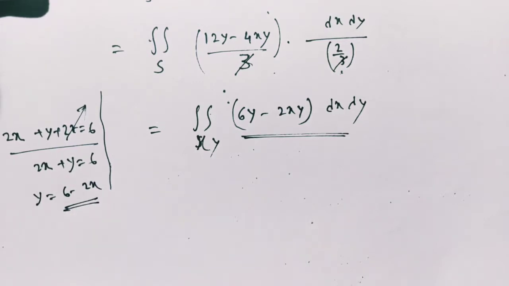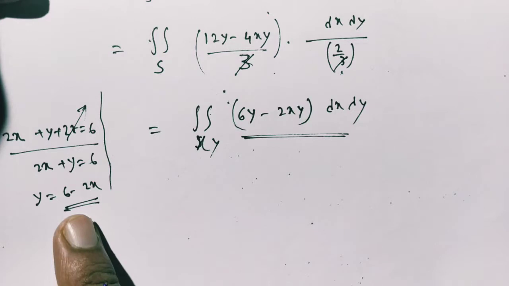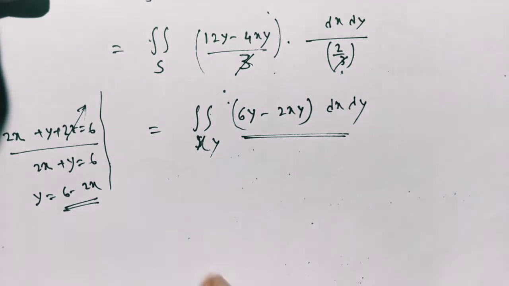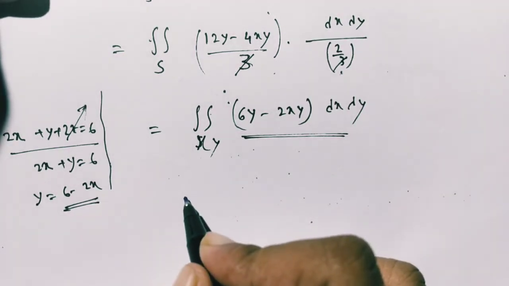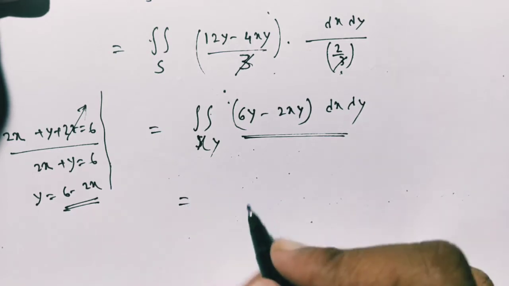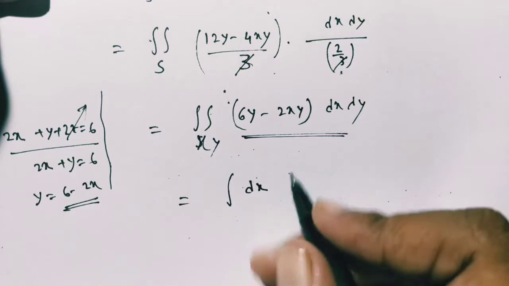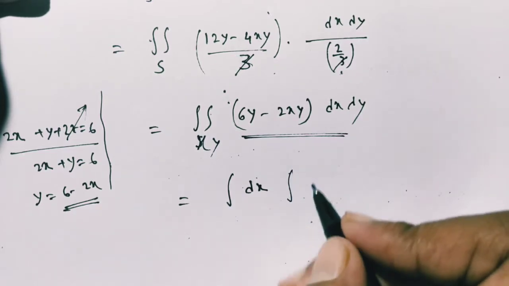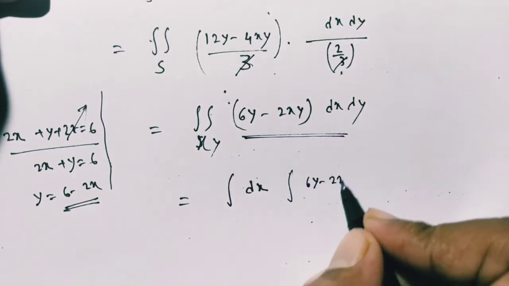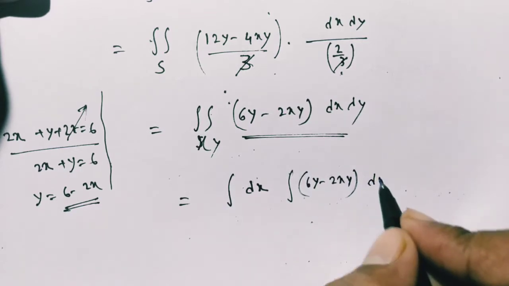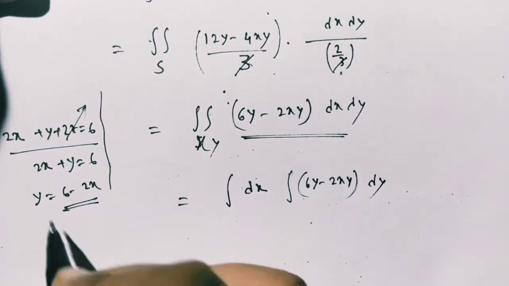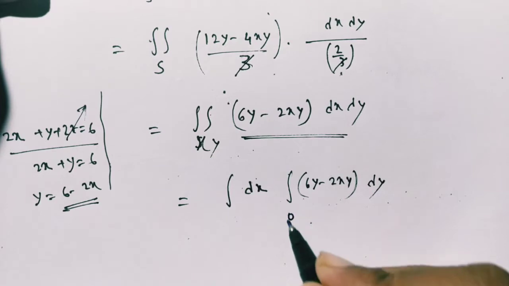So at first we have to integrate on y from 0 to 6 minus 2x on the xy plane. This is the rule of double integration: the integral of 6y minus 2xy dy, so we first integrate y from 0 to what?